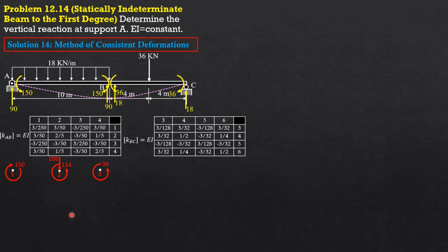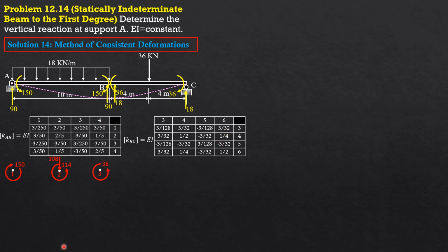So we have 2, 2 here, which is 2 fifths only. 2, 3: negative 3 over 50. 2, 4: 1/5. And 2, 6: none, so that's why it's 0.